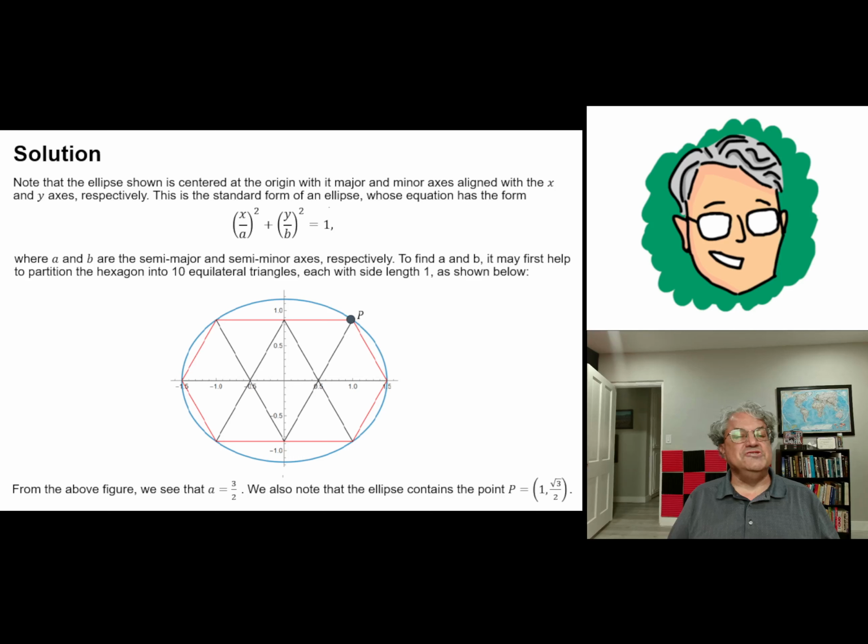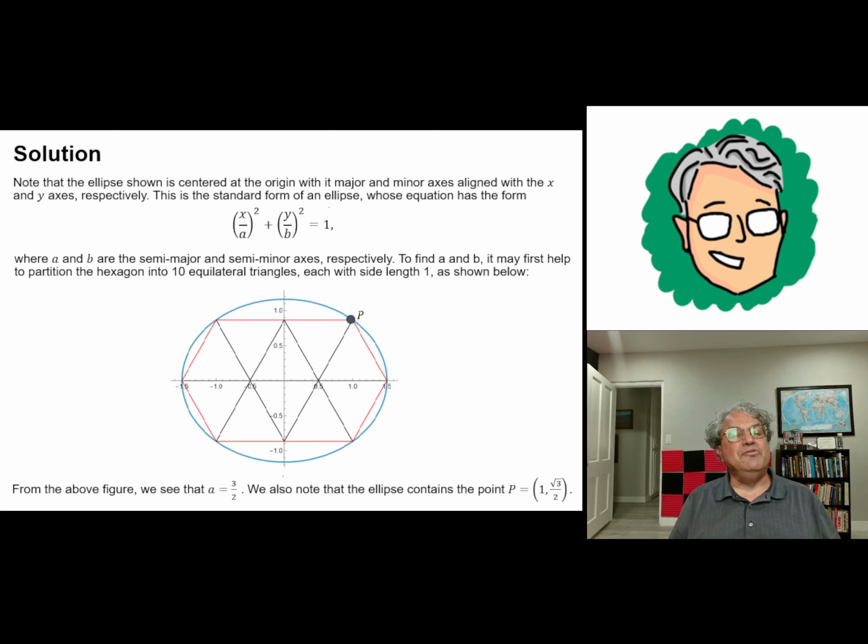And for convenience, I divided this hexagon into 10 equilateral triangles, so you can better tell what the coordinates of these points are. These are all equilateral triangles of side length 1, and I think you can see that a is 3/2 because you have to go half a side length to get from the origin to the lower right vertex of the triangle that's pointing upward in the middle, and then you've got the triangle right next to it that's also upward.